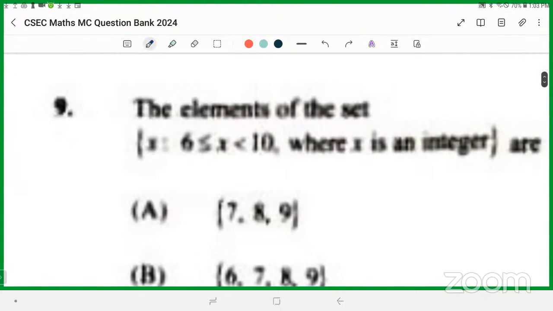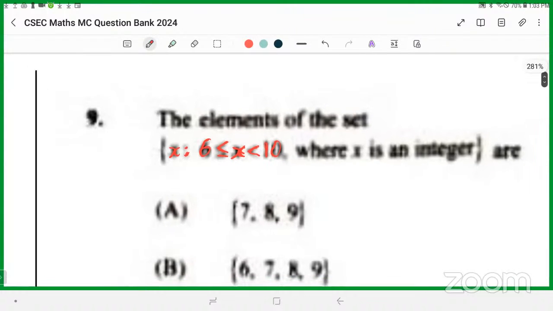This is a 6, and I'll put it in red. So this is 6 less than or equal to x, less than 10. x is such that, where x is an integer.